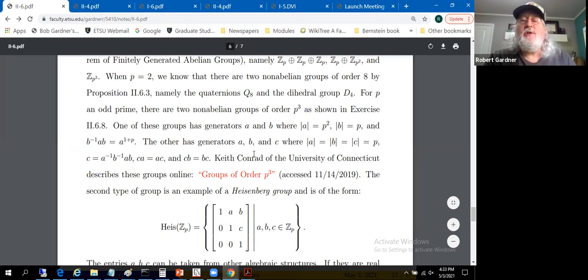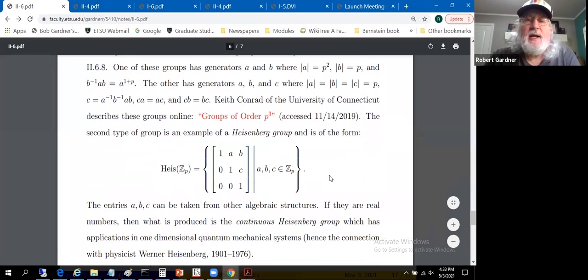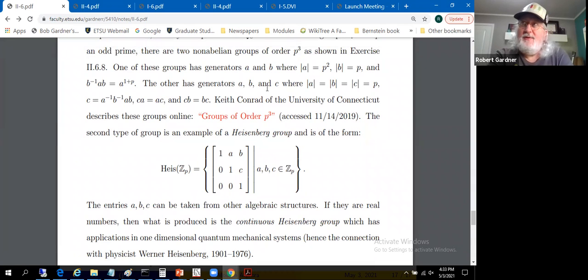The other has 3 generators, all 3 of them of order p, and there's some relationships between those. I've linked to a not very long document on groups of order p cubed by Keith Conrad of the University of Connecticut, that goes into these groups in a bit more depth.